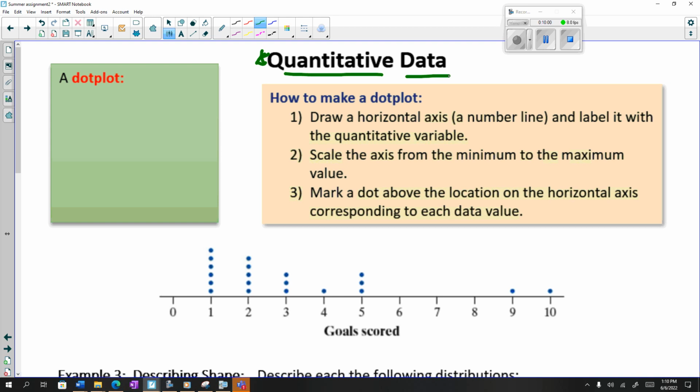So you've seen a dot plot if you took Algebra 2 and Trig last year, and in the dot plot, basically, every dot is going to represent a person in the data set. Each dot represents an individual in the data set.